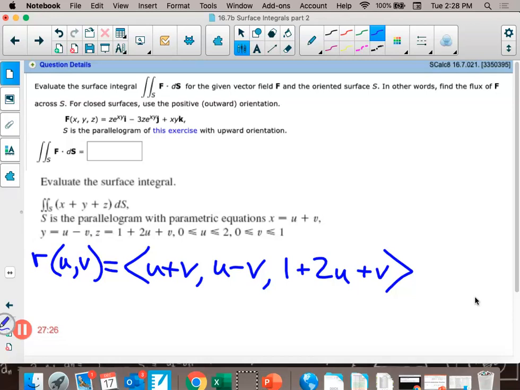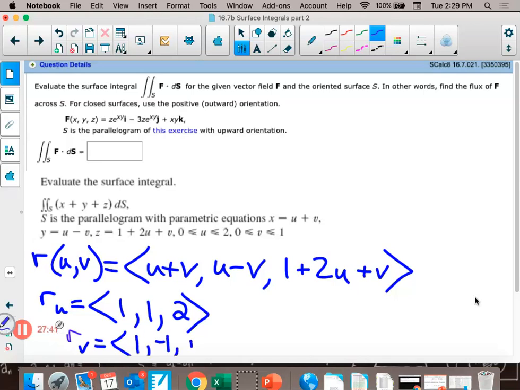So you find your R sub U. So you just get 1, 1, 2. And you find your R sub V, and you get 1, negative 1, 1.